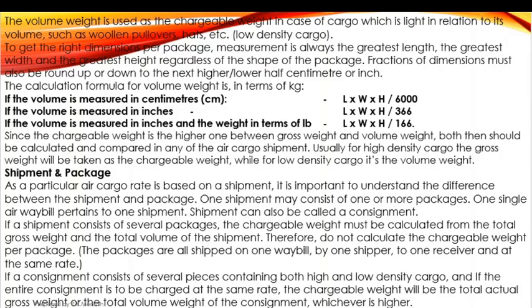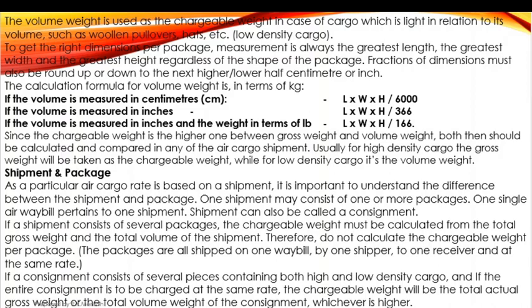Meanwhile, they gave us actual weight of what? 250. The one I wrote on the board. So this is the actual weight. This is the volumetric weight. So which one are you going to choose? You are going to use the actual weight to be the achievable weight.